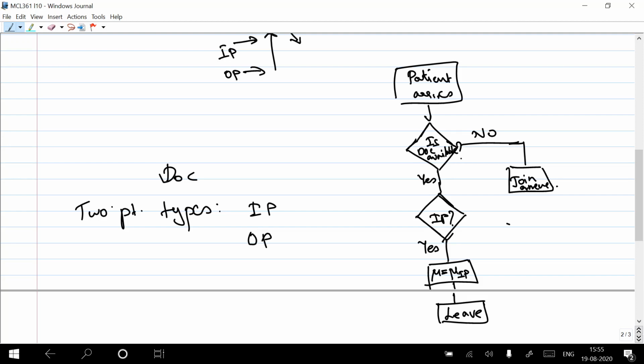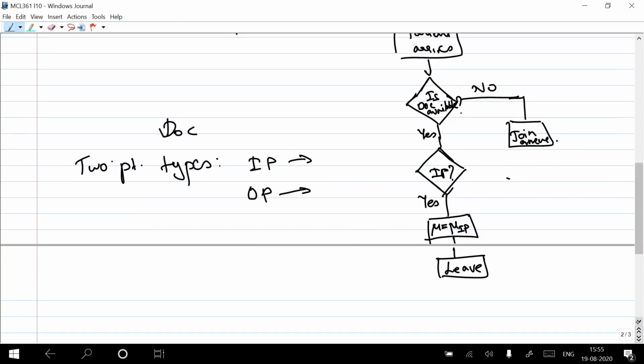So the first parameter is, what is the rate at which patients arrive? What is the rate at which inpatients arrive? What is the rate at which outpatients arrive? Right. So the first parameters are the arrival rates of inpatients and outpatients.